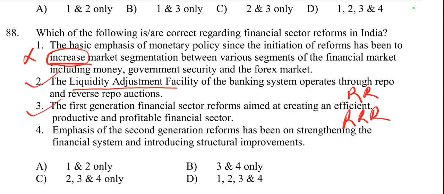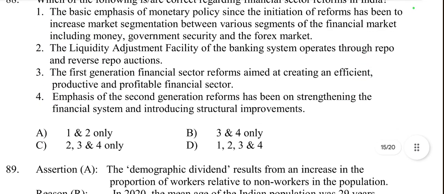Yes, this is correct. Then option 4, emphasis of the second generation reform has been on strengthening the financial system and introducing structural improvement. Yes, this is also correct. So options 2, 3, 4 are correct. So C is the right choice.